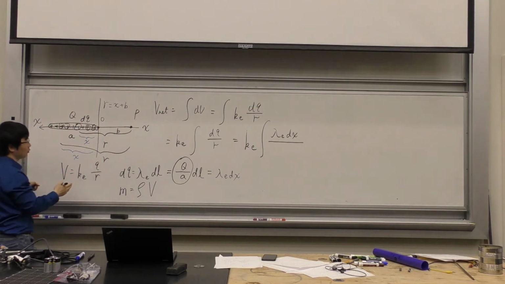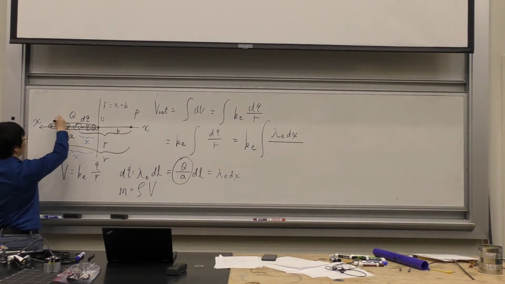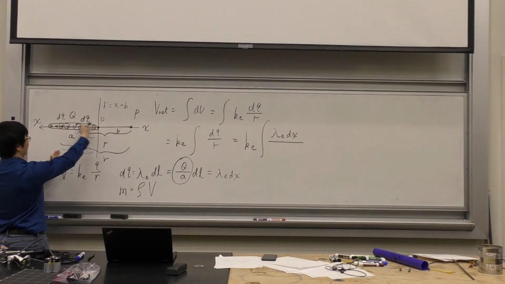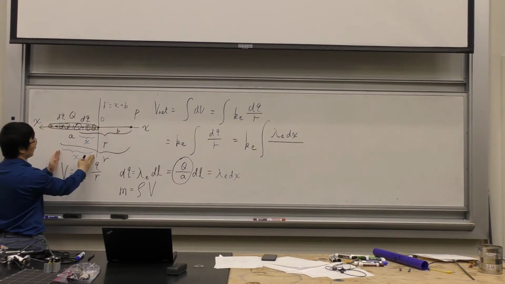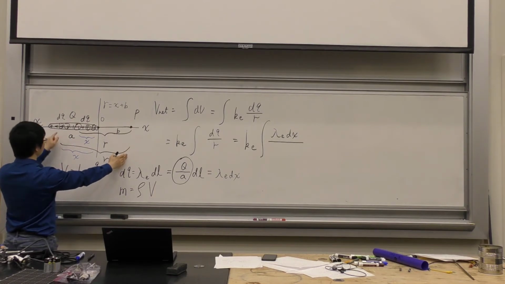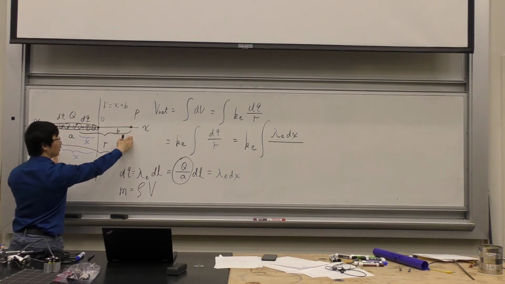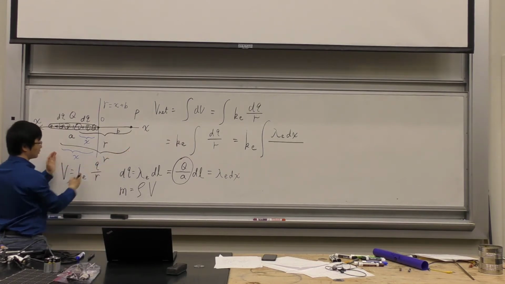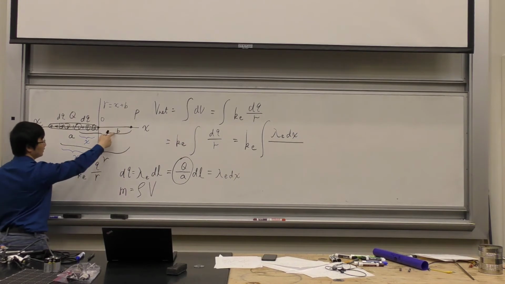Is this true for any point? Take a look at this point. If I pick this as dq, this is going to be the x, because this is the origin. I say this is a positive x. And then this is the r I need, right? Remember, r is always the distance from the dq you pick to the point you want to calculate the potential. What is the relation between x and r? Oh, still x plus b equals r.